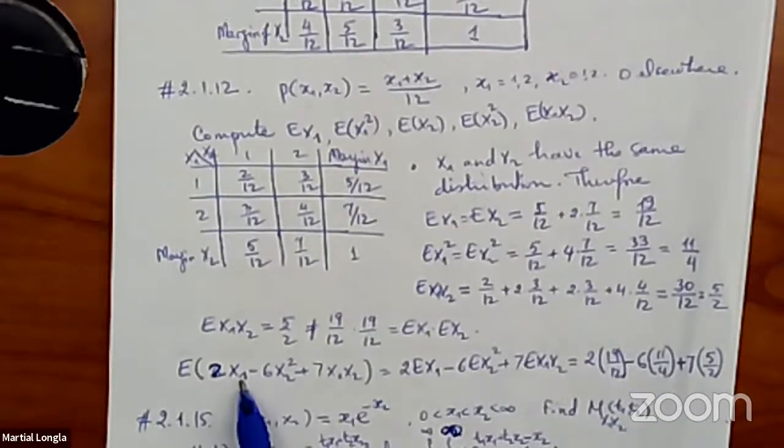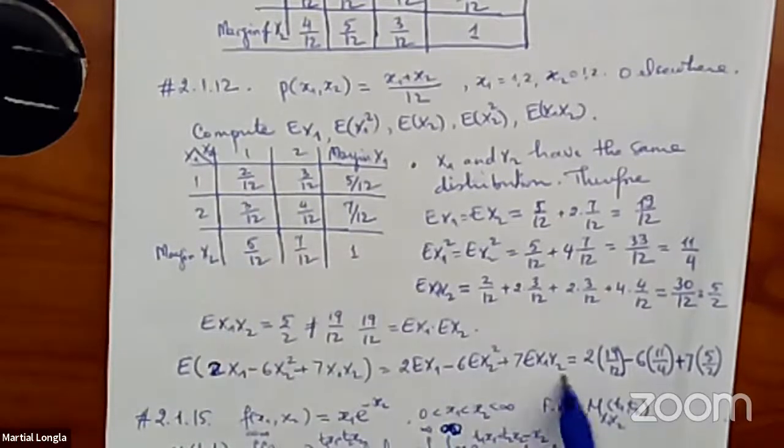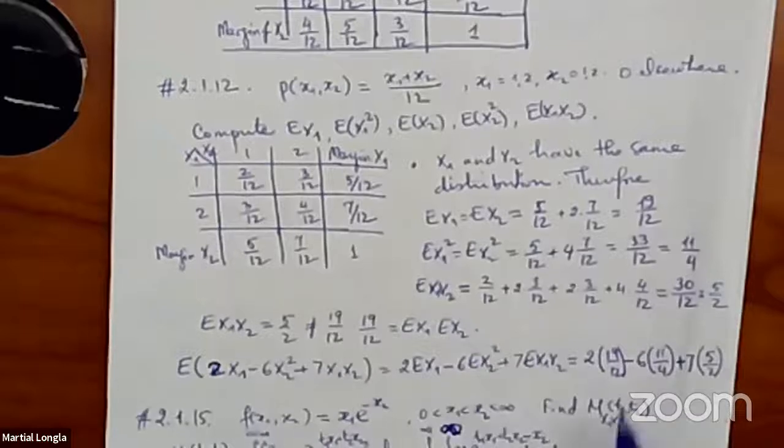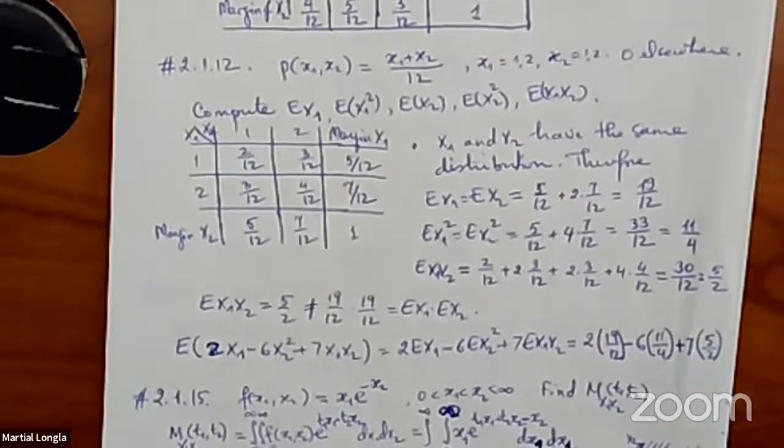You know expected value of x1, you know expected value of x2 squared, you know expected value of x1 x2. So you don't need to go again into the table to compute this. You just use the formula and then you plug in the answers that you got above. Any questions on these?